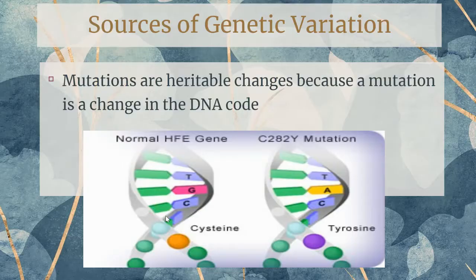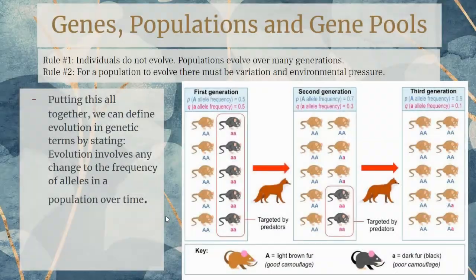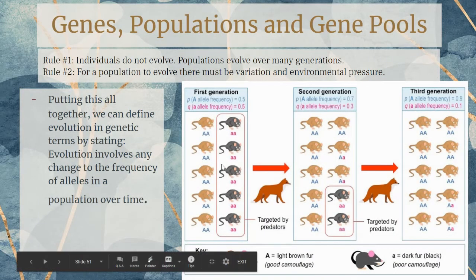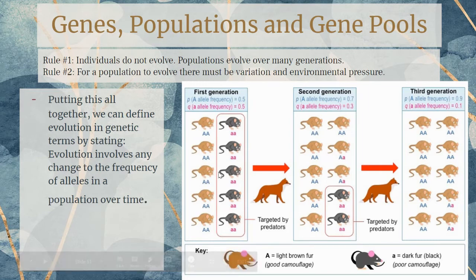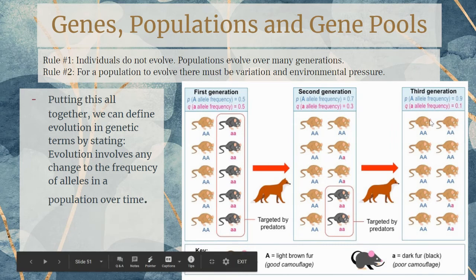Same thing if we look back at our mice here, this is not a very genetically diverse population. There's some diversity, there's brown mice and gray mice, but you can see just within a couple generations, we are a uniform population.